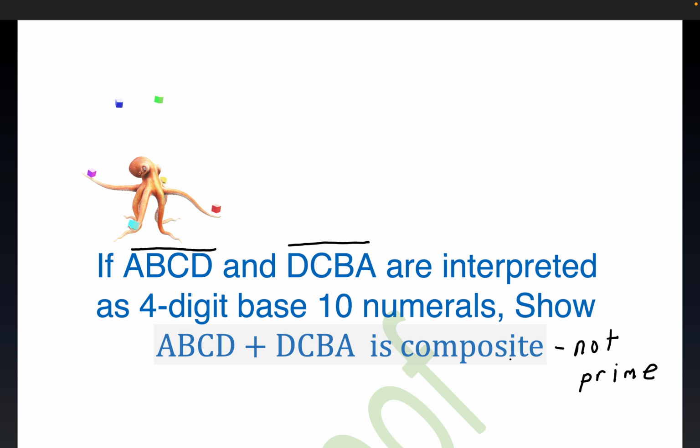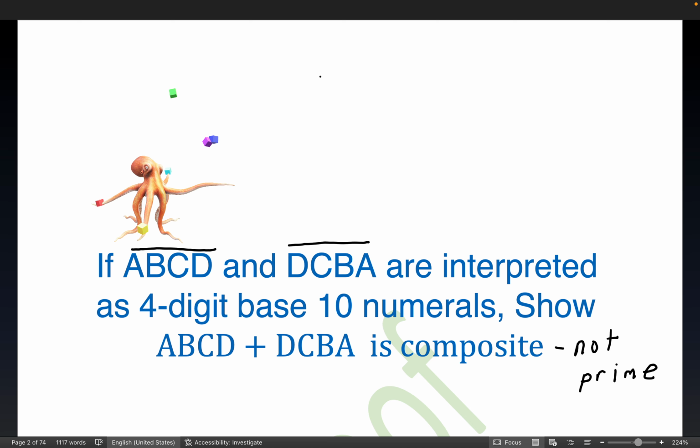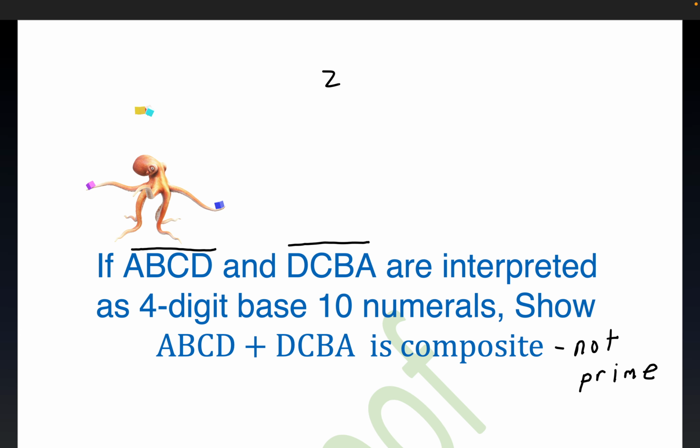And just let's do a concrete example to get started, because I've already done most of the work for this one. Let's say 2, 5, 6, 9. And then the reverse of that would be 9, 6, 5, 2, right?